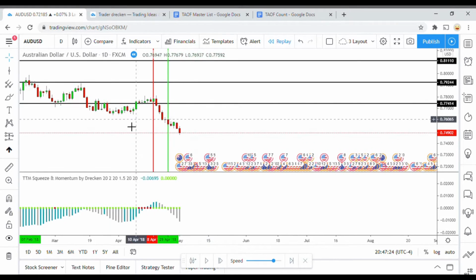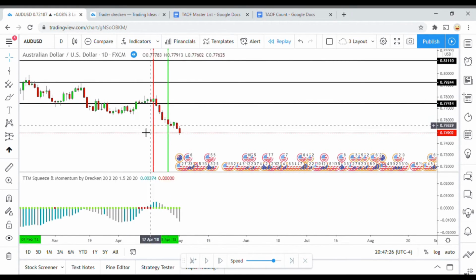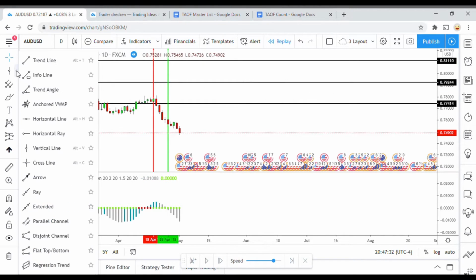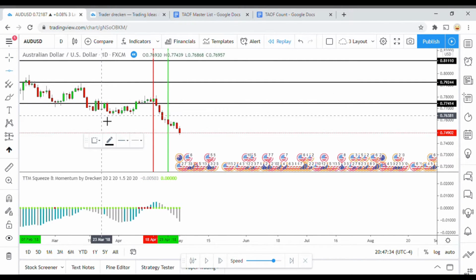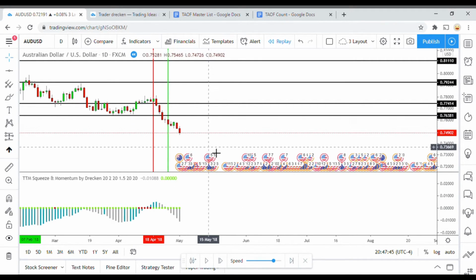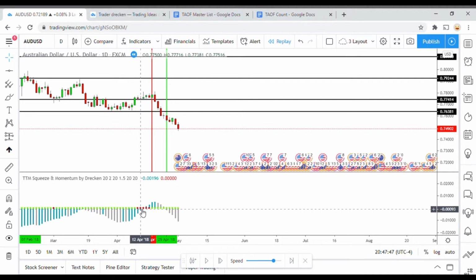That one would have been a winner. And you see, again, we broke this zone right here, and it was only two more candles that we got confirmation from our indicator saying that this was a strong move downward.